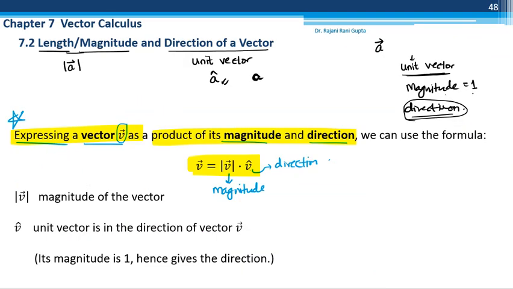Let's recall. Length or magnitude is given by the absolute value and direction is given by the unit vector, which is always the vector divided by its magnitude. So I hope it's clear now. Okay. So whenever you're expressing a vector as a product of magnitude and direction, you multiply the magnitude with the unit vector that gives you the direction.